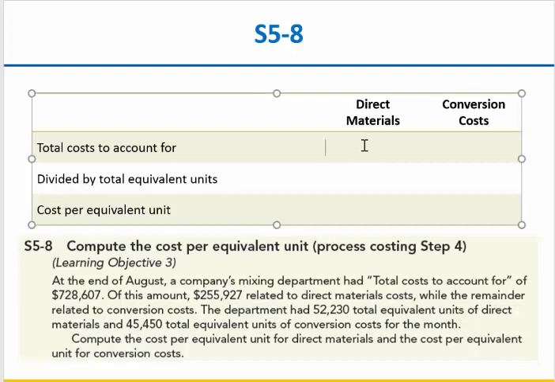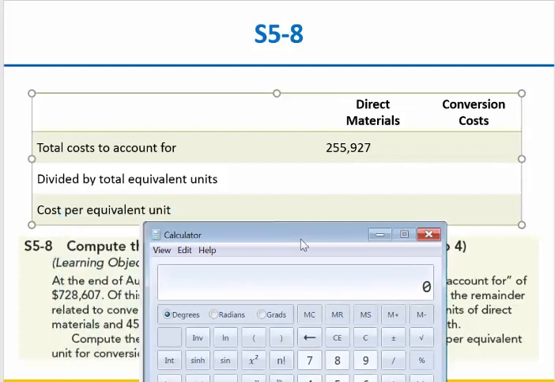In this case, I will have $255,927, and for the conversion cost it's going to be subtraction. I'm going to open a calculator and do the calculation here.